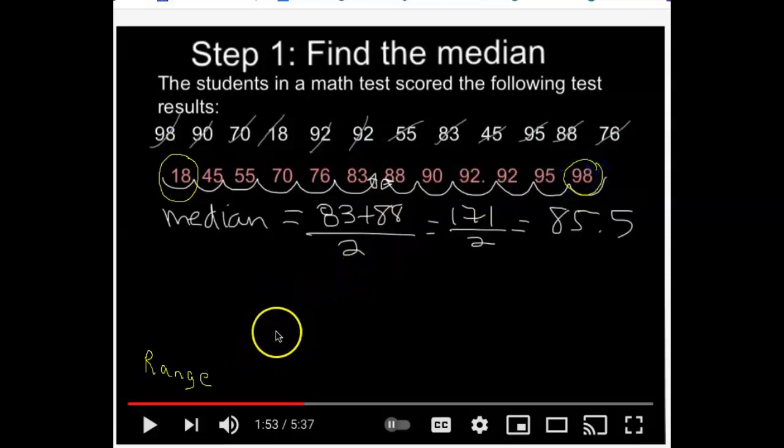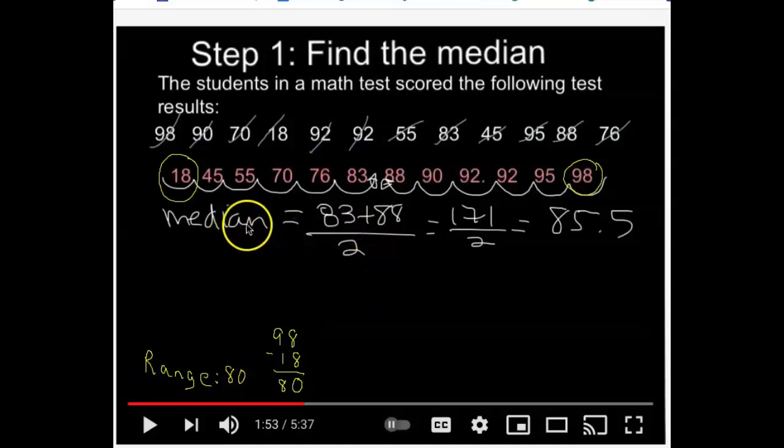So to find the range in this set of data, you would just take the number 98 and subtract the number 18. So go ahead and solve that for me, please. Okay, very good. You're going to get 80. So in this particular set of data, your range is 80.